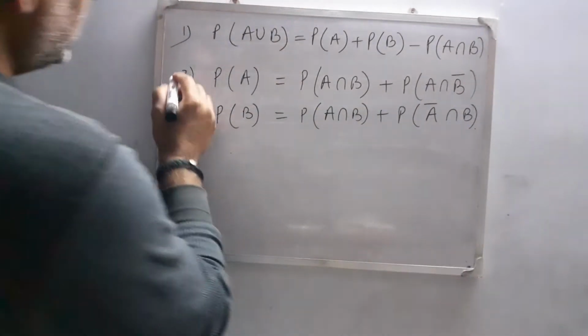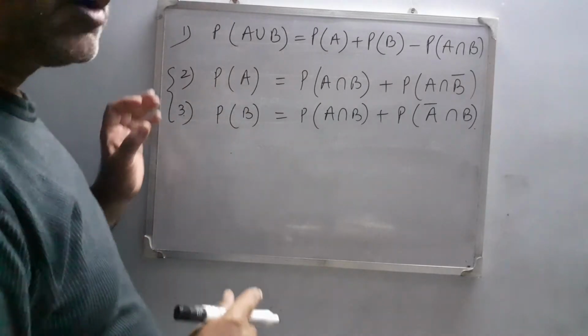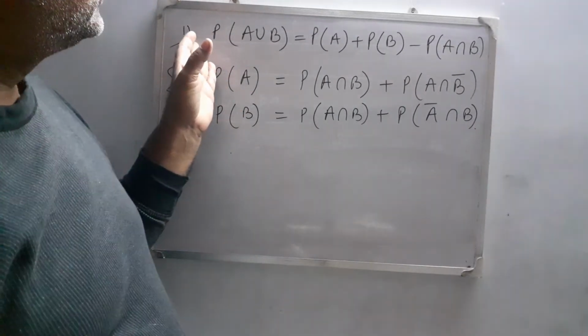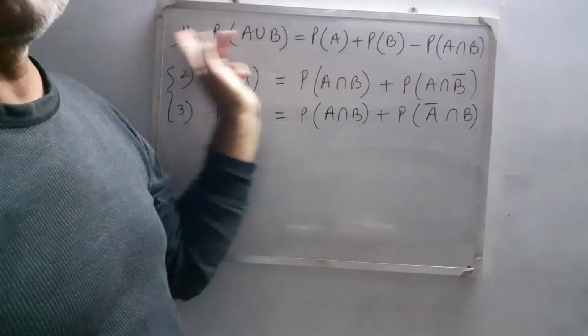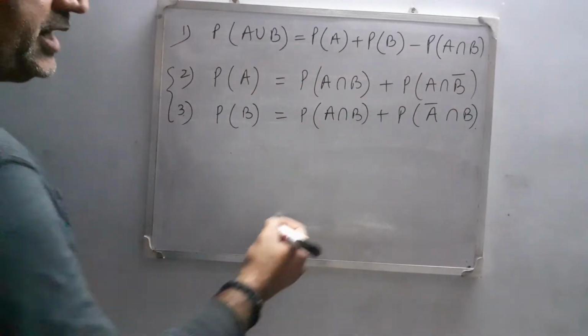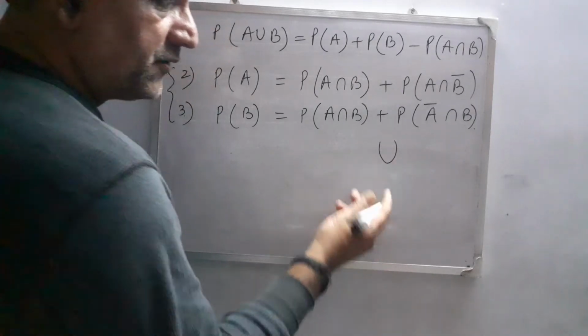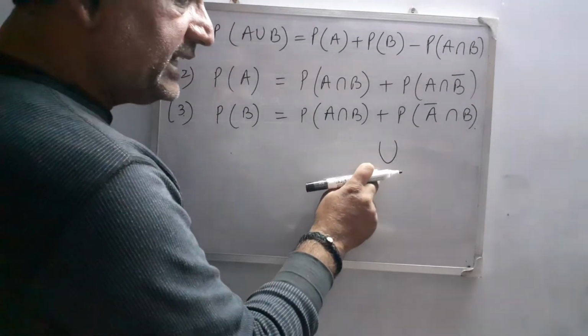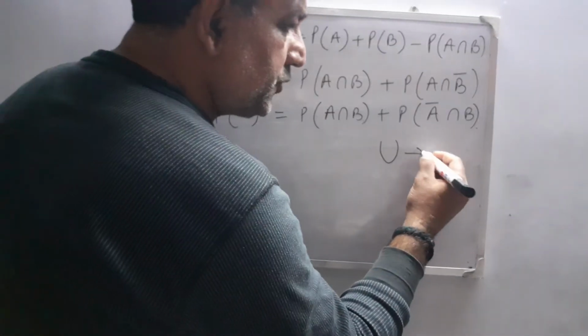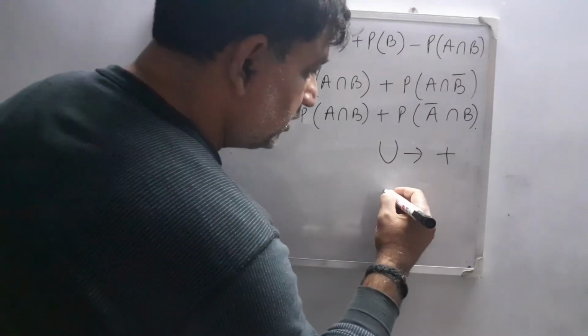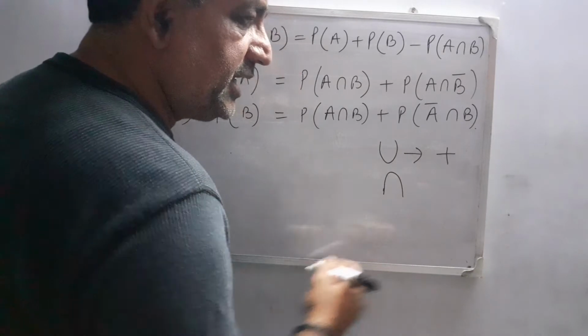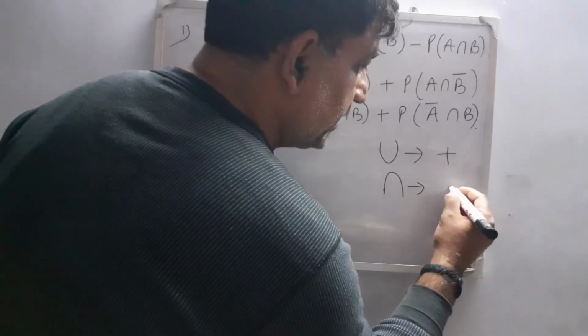These two are called the axioms of probability. This one is the formula for the union of two events. In set theory this is union, and in probability theory this union is denoted by plus. Remember it. And the intersection, in set theory, is indicated here by dot.